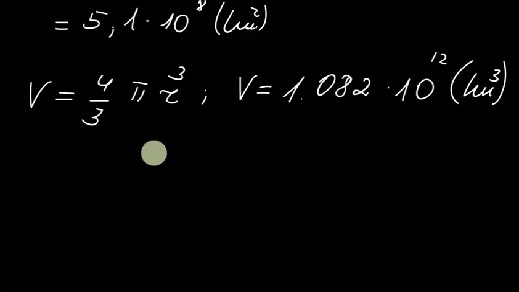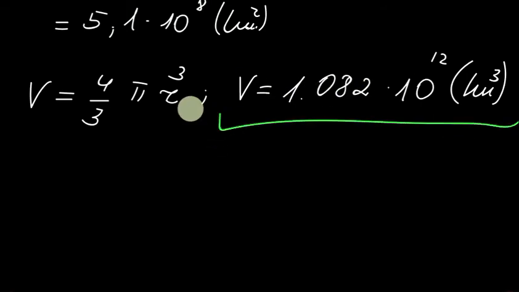Probably the only mistake you could have made here in calculating this would be a mistake in putting our radius. So you have to remember that this is a cube, not a square, as while calculating an area.